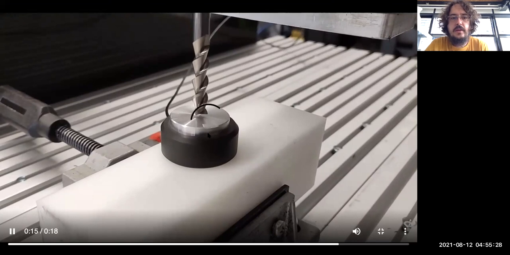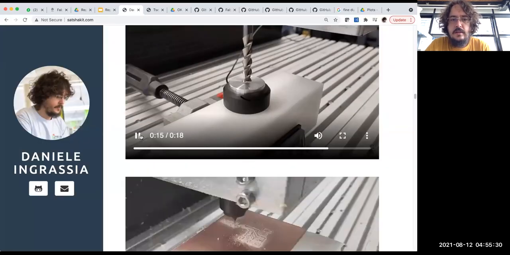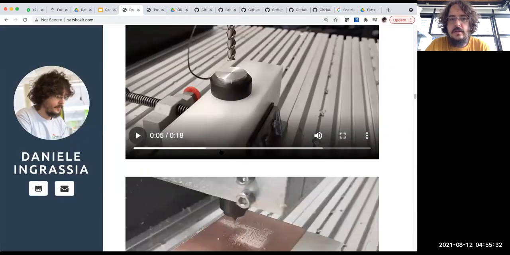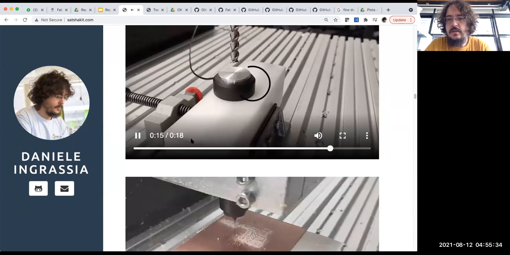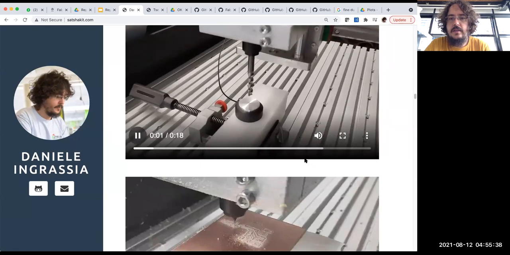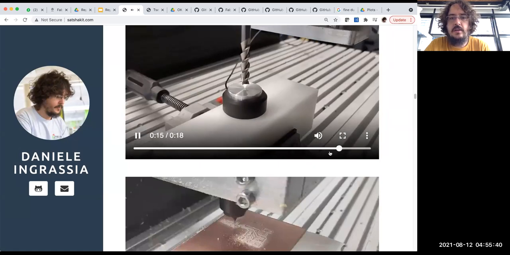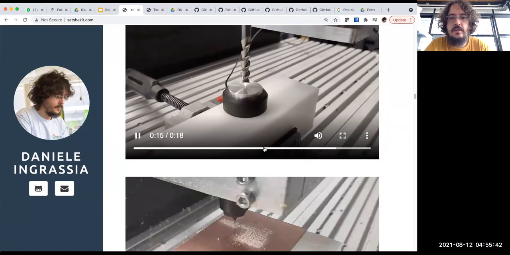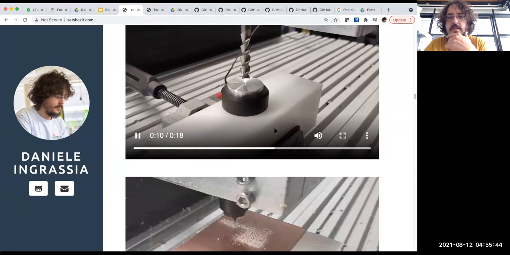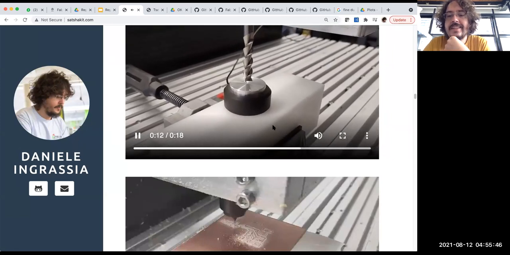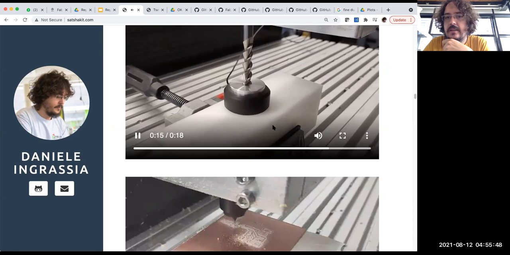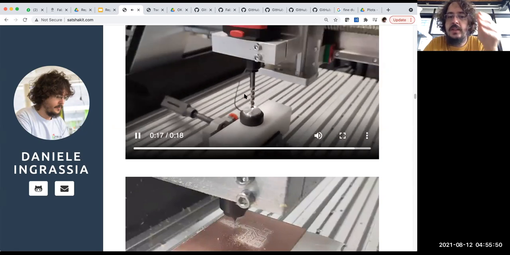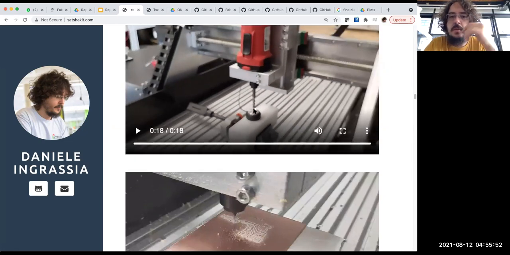Oh, sorry, I think the internet is slow. This video doesn't load. Oh yeah, okay, now it loaded. So it goes down and then it zeroes the machine automatically. So once it touches, you don't have to push the Z0. It zeroes the machine automatically.